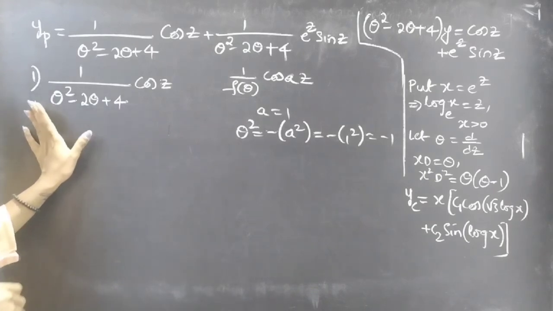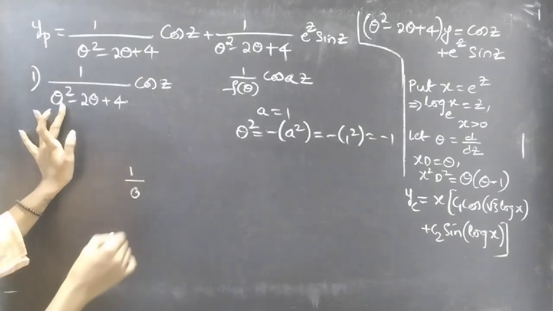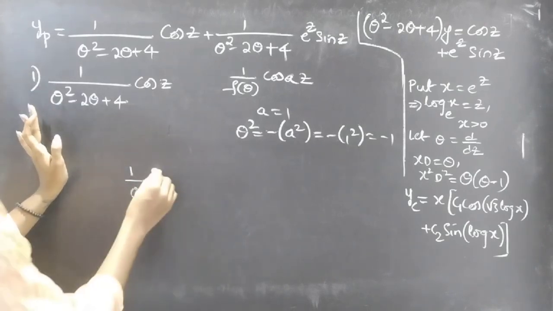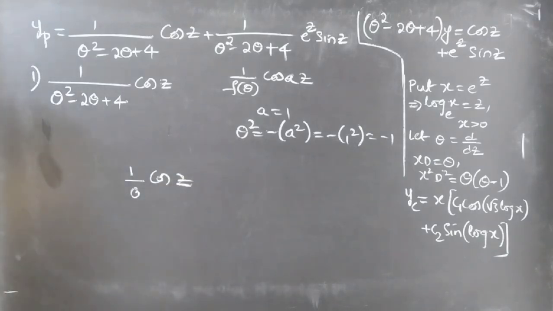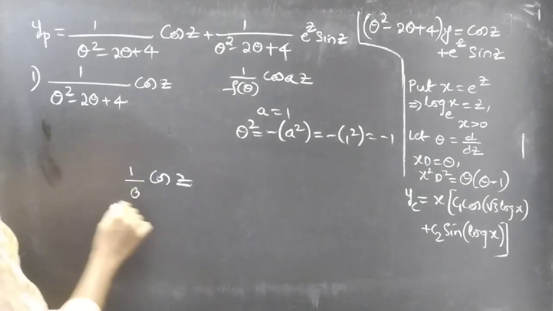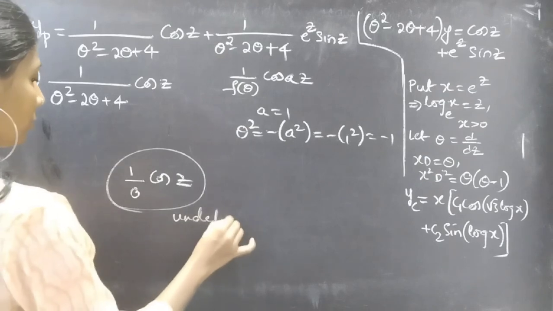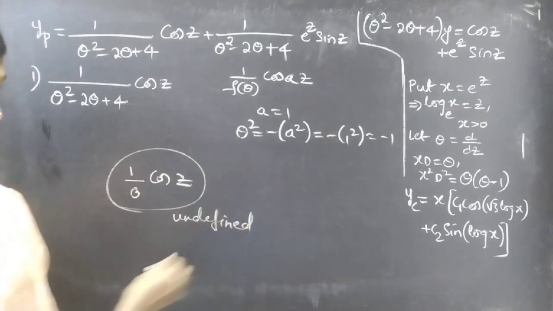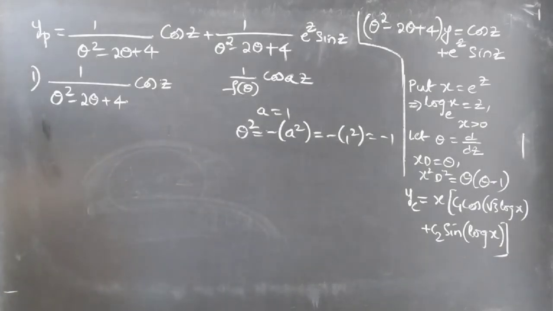Always remember that the denominator must be non-zero. If the denominator becomes 0 after replacing theta square by minus 1, we'll get something like 1 by 0 into cos z. Since 1 by 0 is undefined, the total term becomes undefined, right?